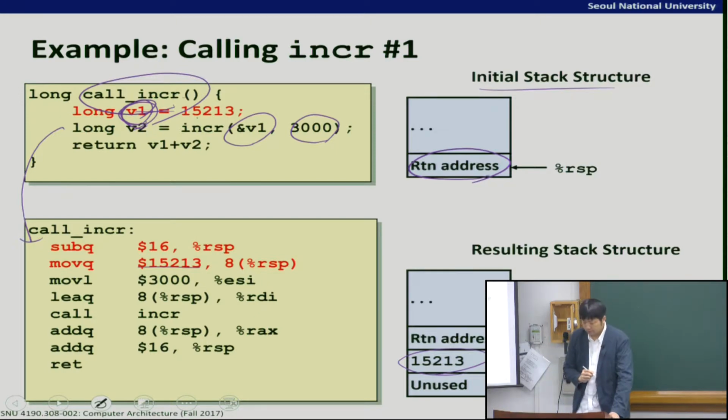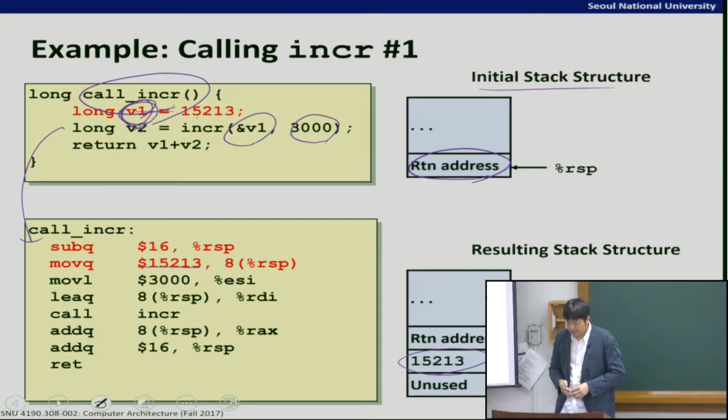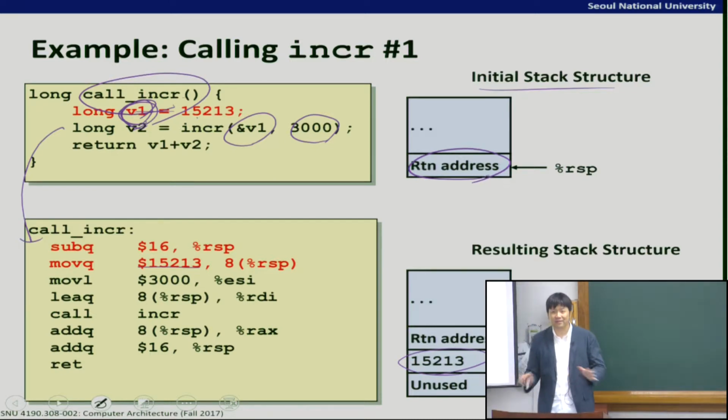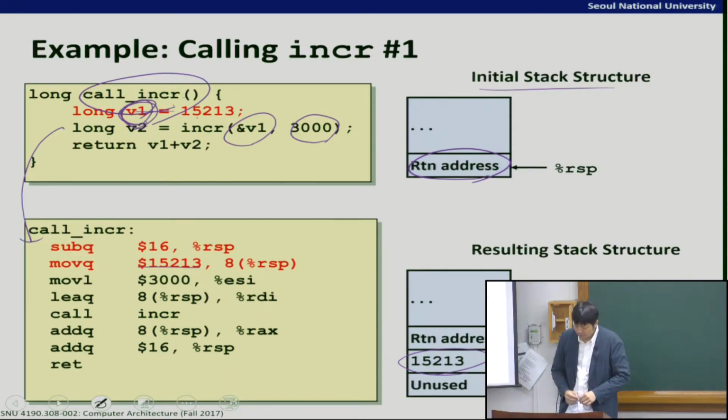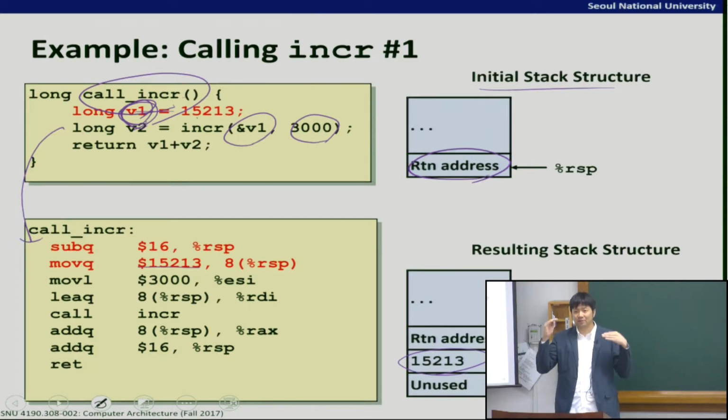Okay. And the question may be, why do we decrement 16 instead of 8? It's kind of a detail, not a really important thing, but the GCC calling convention requires that whenever you enter a new function, the stack boundary must be aligned to a multiple of 16.